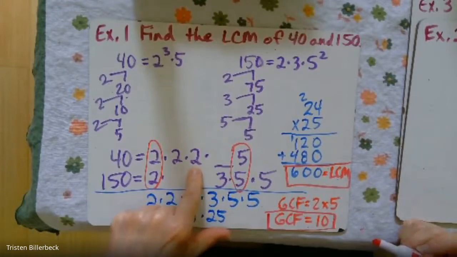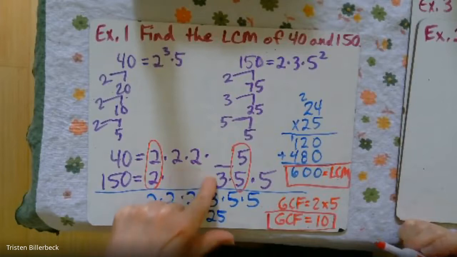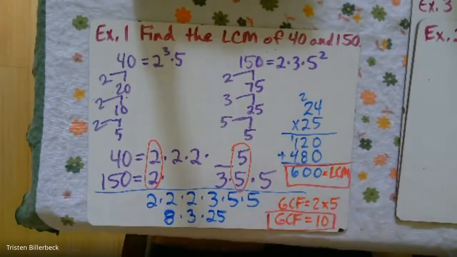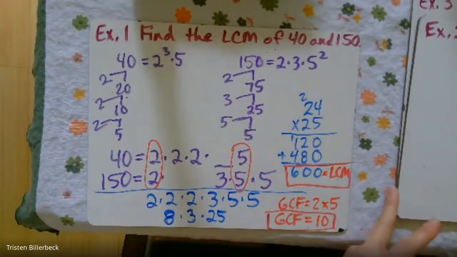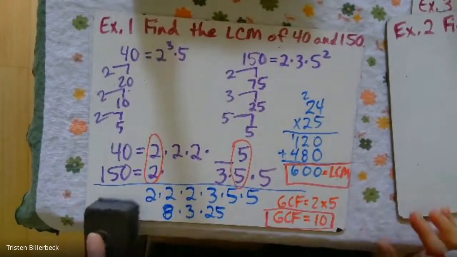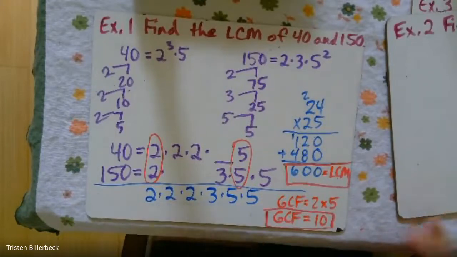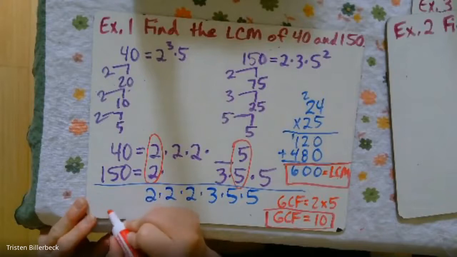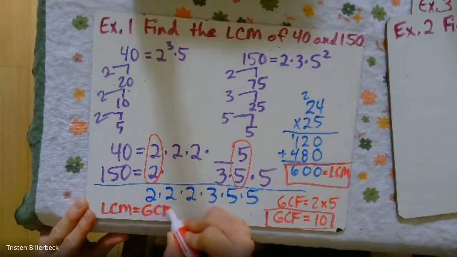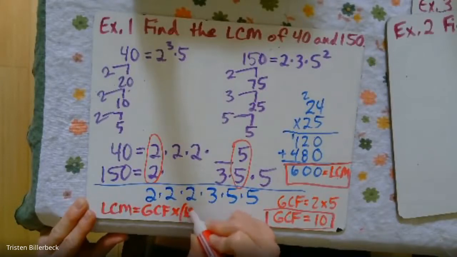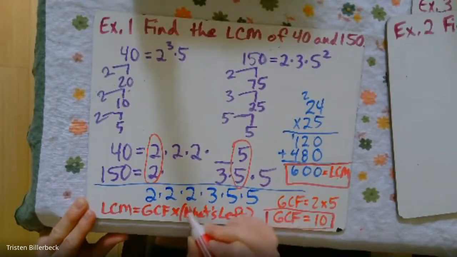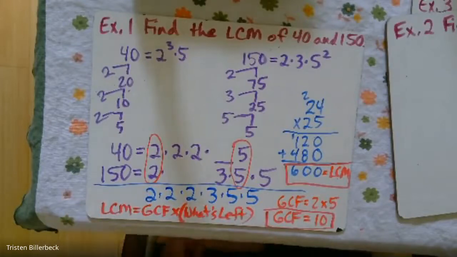Well, that's 4. 4 times 3 is 12. 12 times 5 is 60. Ran out of boards. So we could say that the least common multiple equals the greatest common factor times what's left. Okay, so that's one way we could look at it.